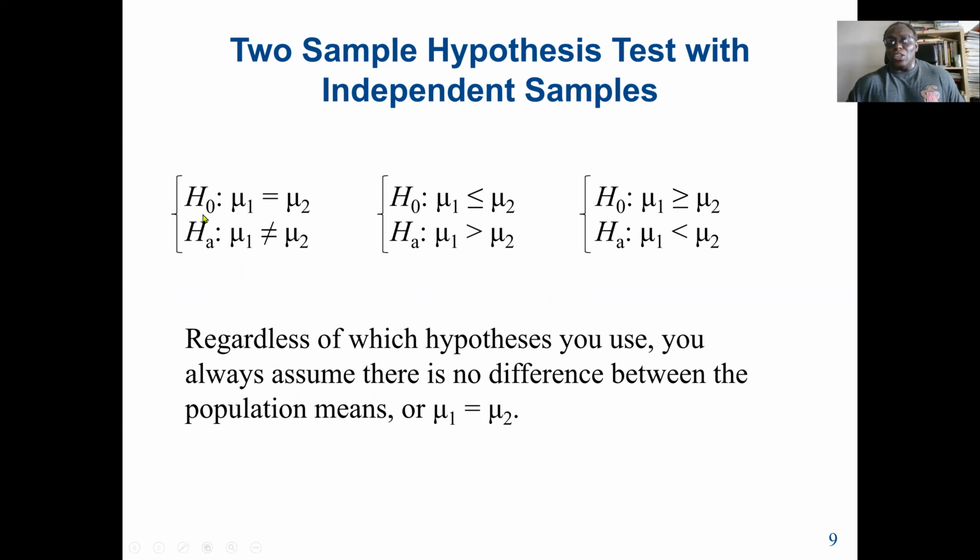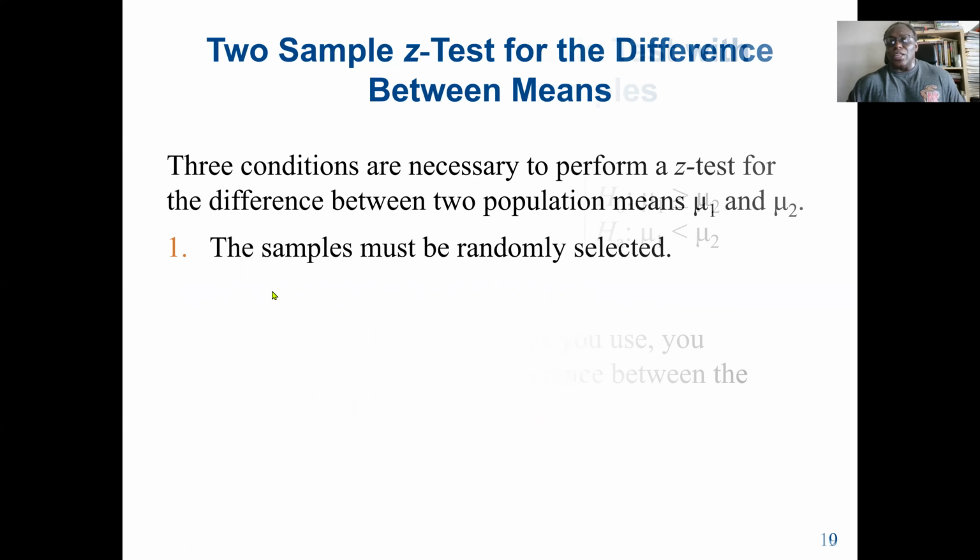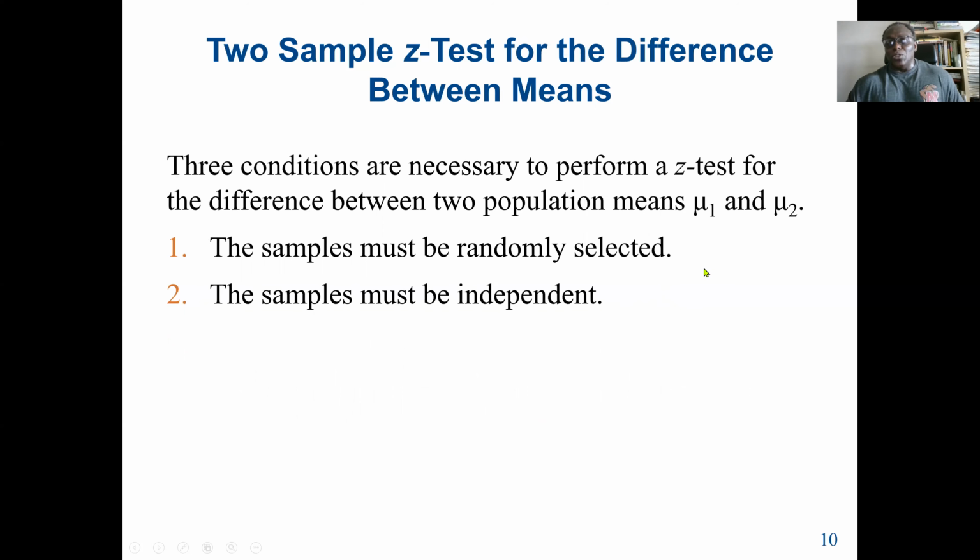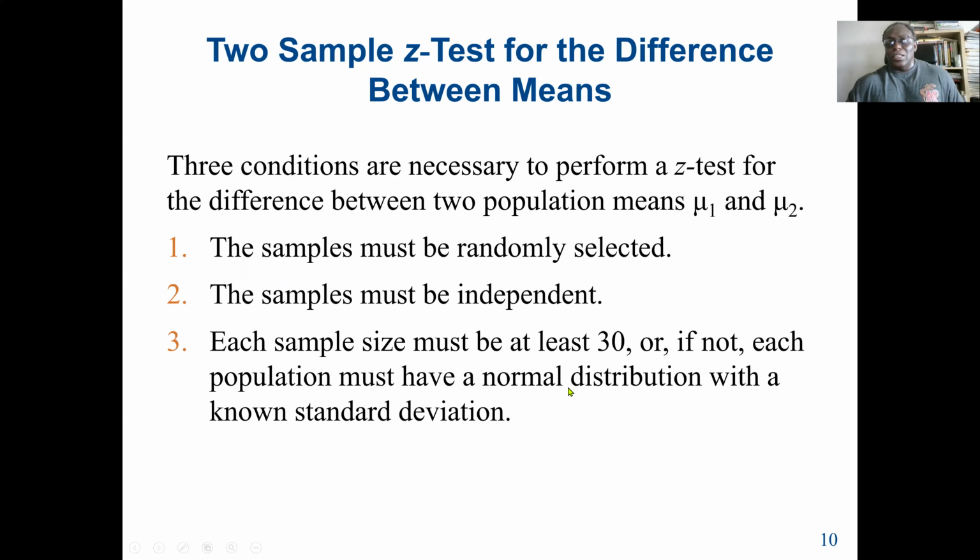After that, the next step is finding the Z-test. Remember, we have 2 populations here. So first, the samples must be randomly selected. Secondly, the samples must be independent. Then thirdly, we are doing a large sample, so the sample size must be at least 30 or more.